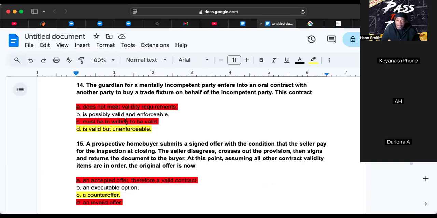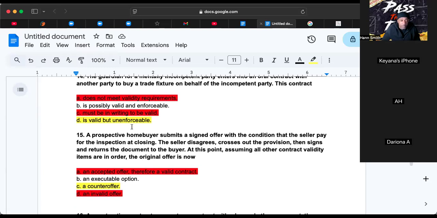Yeah, these are the type of nuanced questions that I'm not going to really kill myself over if we get them wrong, because they still leave it open and they're not explaining why it's possibly valid and enforceable. It's an oral contract, so I just disagree with that one. That's the third one that we got wrong out of the 20, but that's cool because we know we can get 6 wrong and we're already on 14 to get 70. We don't want to get them more wrong though.